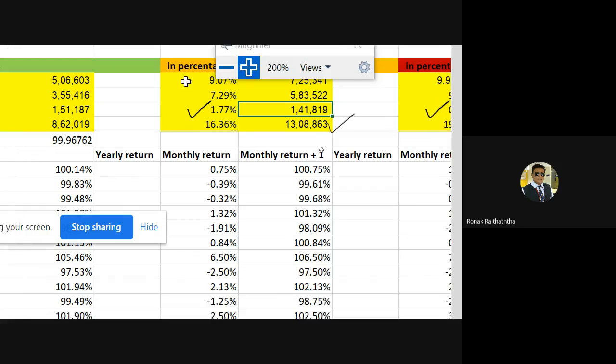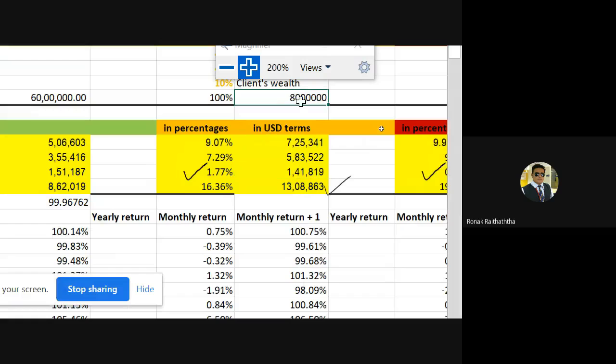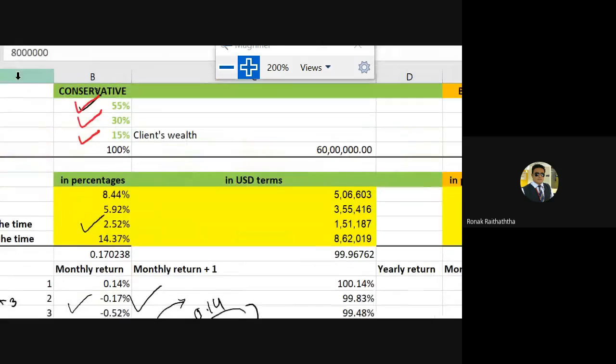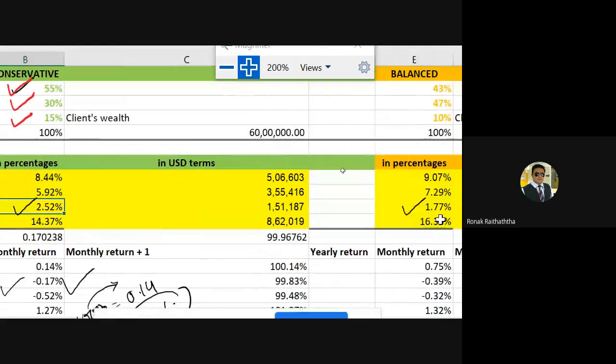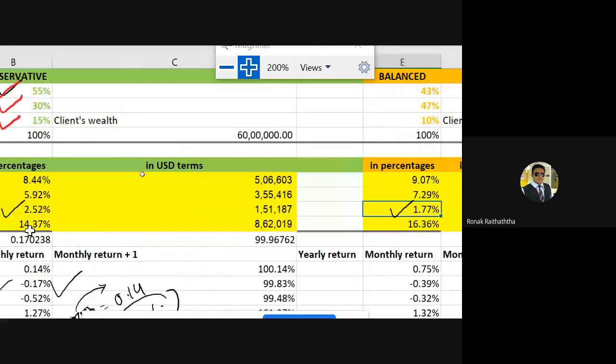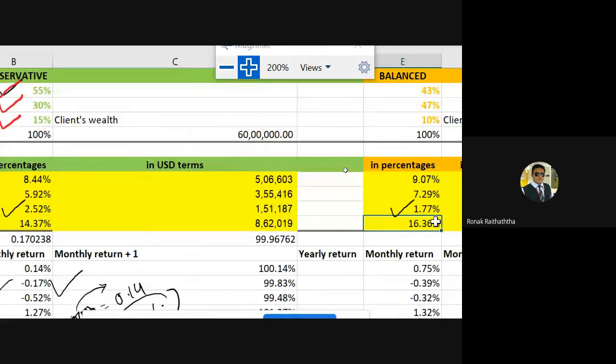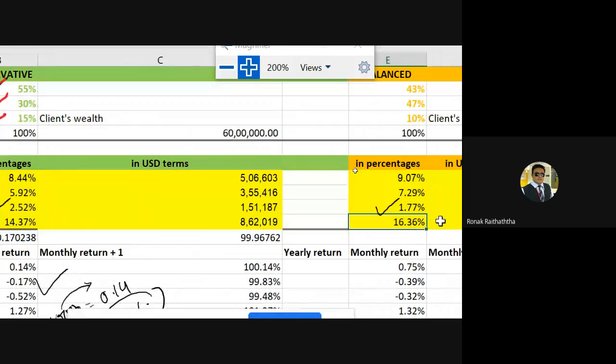Now this happens because you have a different amount of wealth. That's why the amount of wealth is different. But in percentage terms too, you may compare it. See, 252 का कहाँ पे जा रहा है, 177 पे जा रहा है, लेकिन 14.37 ऊपर जा रहा है 16.36% से.